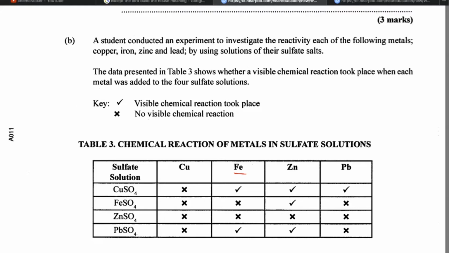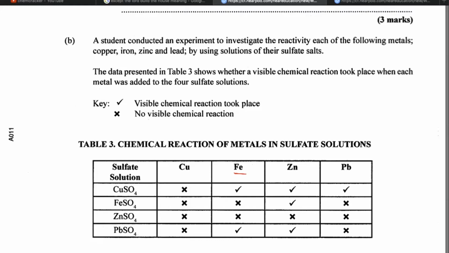We could also look at it going down instead of going across. So we could look to see how iron fared against all the other 3, because we're not going to put iron with iron sulfate, even though when they did, there was no visible chemical reaction.